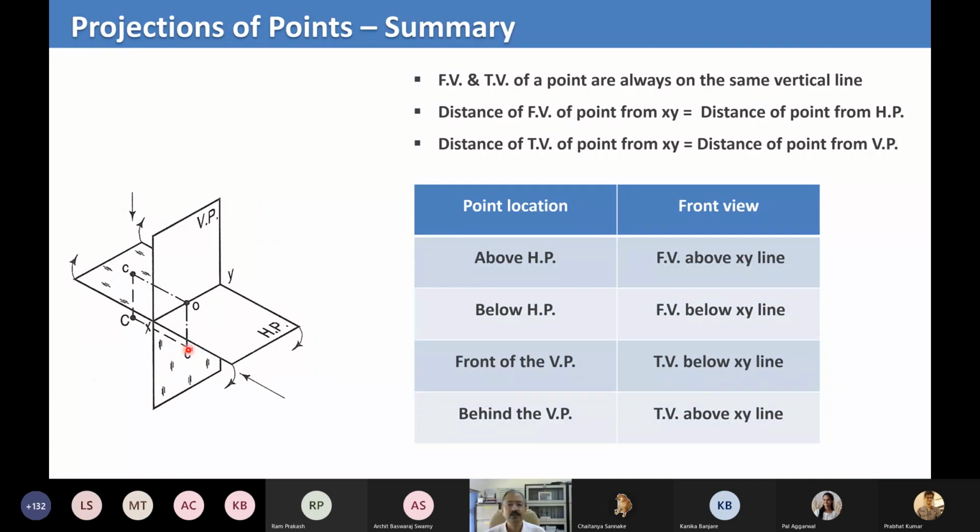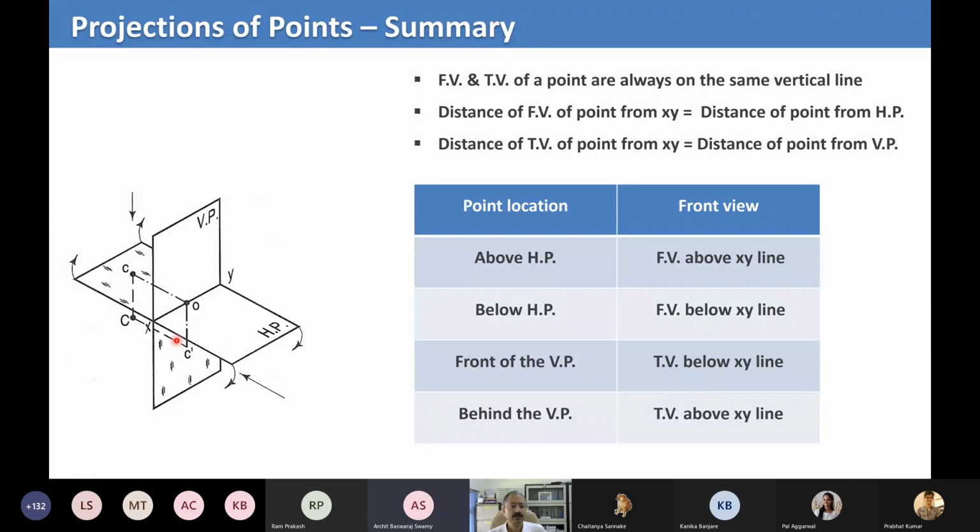Give me a second. Just check statements number 2 and 3, are they right or wrong? Okay, please help me out. Distance of the front view of a point. The front view of a point is essentially on the vertical plane, which is C dash, from XY.